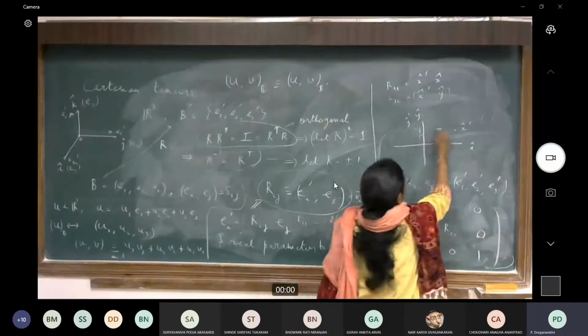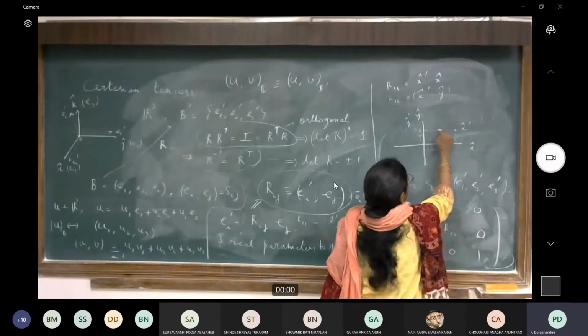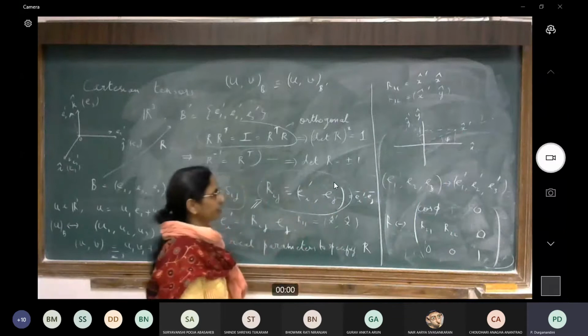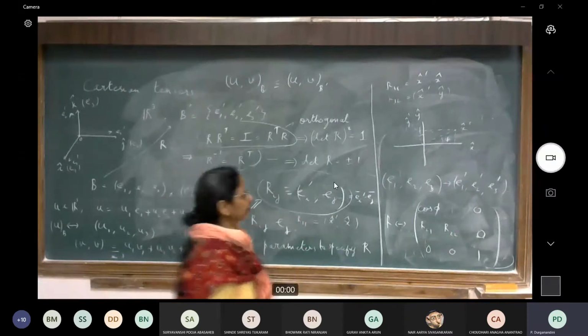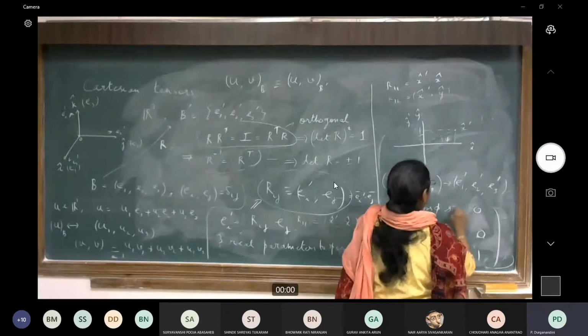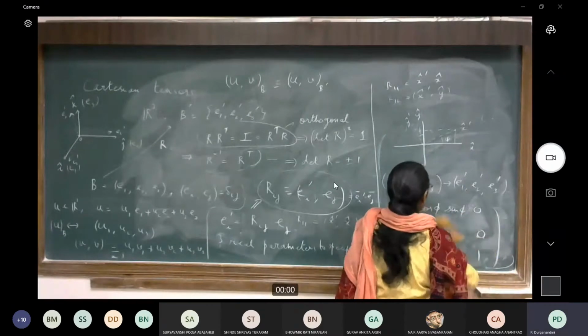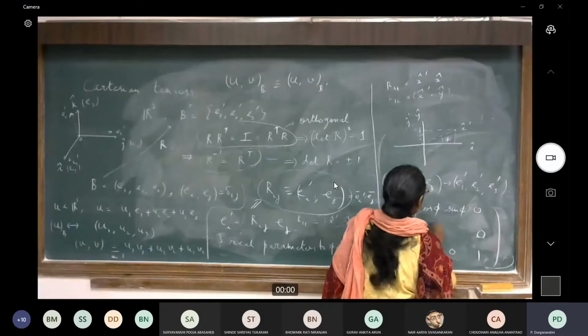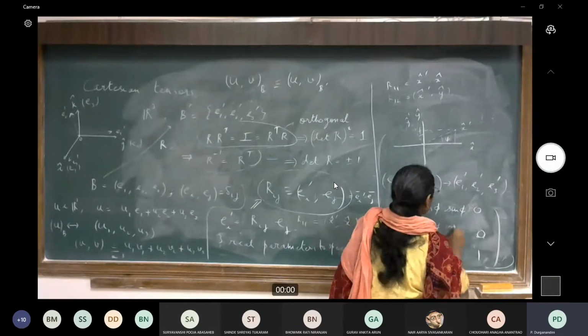Because this is cos phi, this will be sin phi. Then you use the orthogonality, or simply this definition, and you can see that I'm going to get minus sin phi, cos phi.